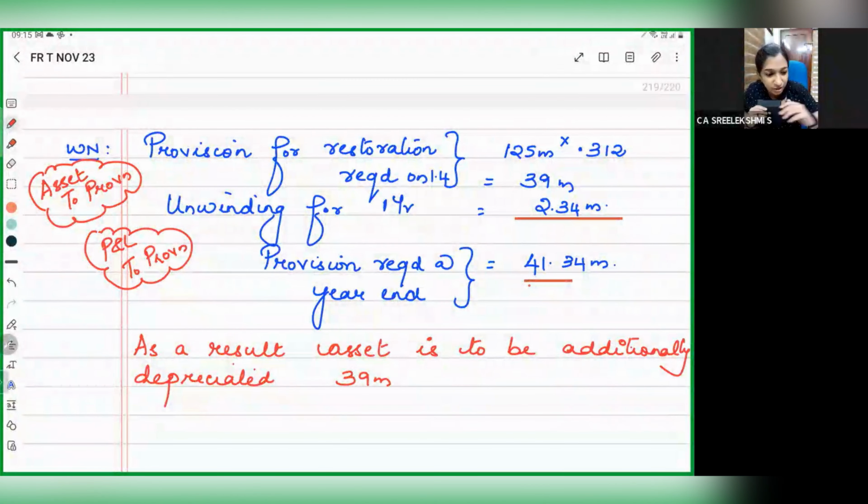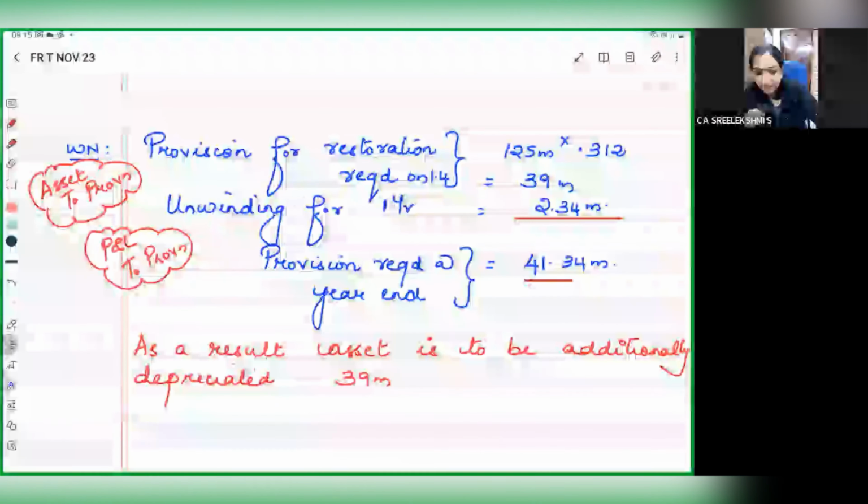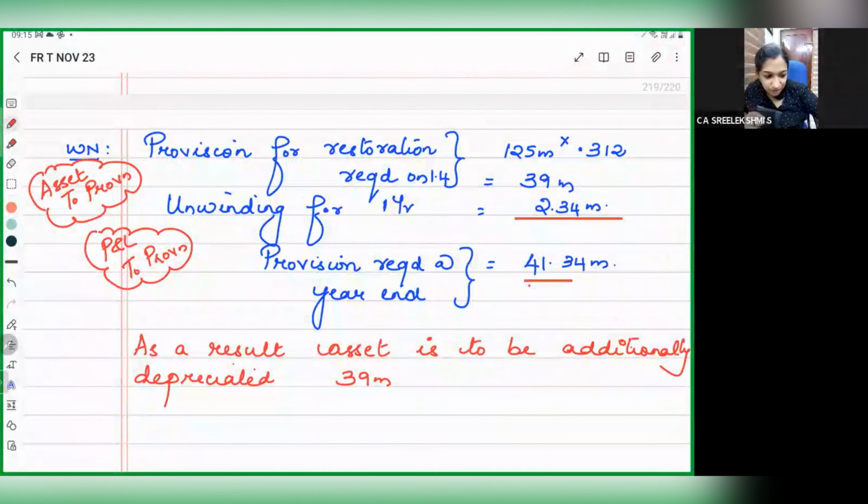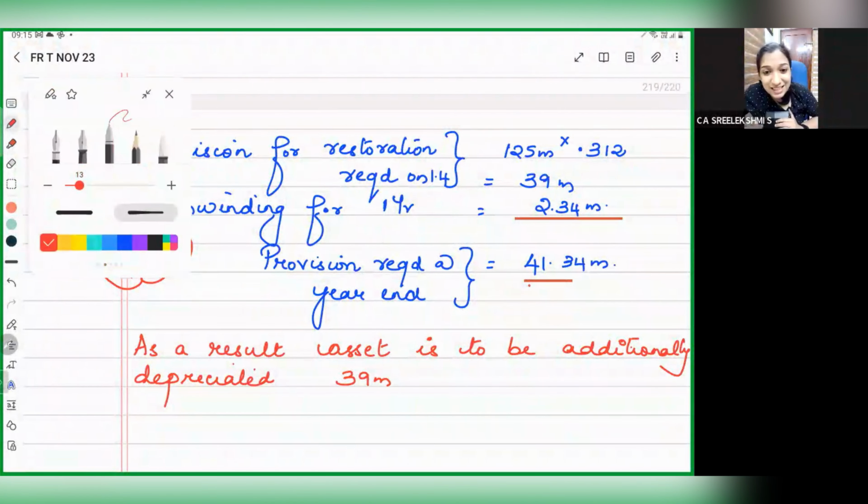Asset in എത്ര depreciation charge ചെയ്യണം? Asset is to be additionally depreciated to the extent of 2.34. Unwind ചെയ്യണ്ടേ?